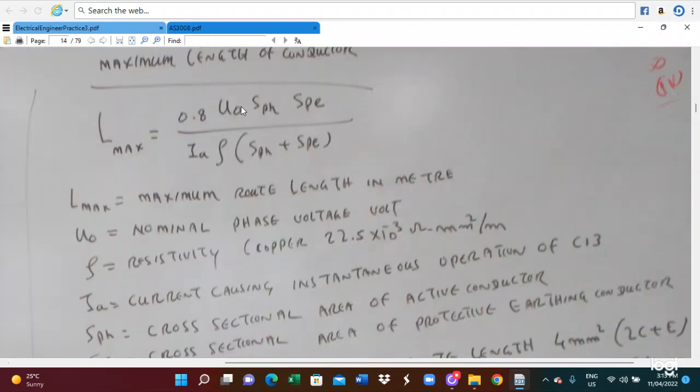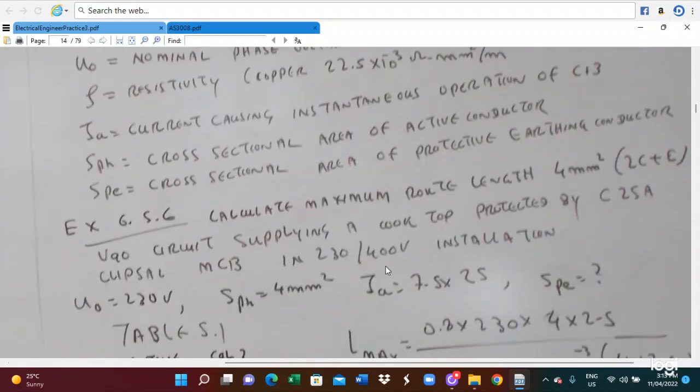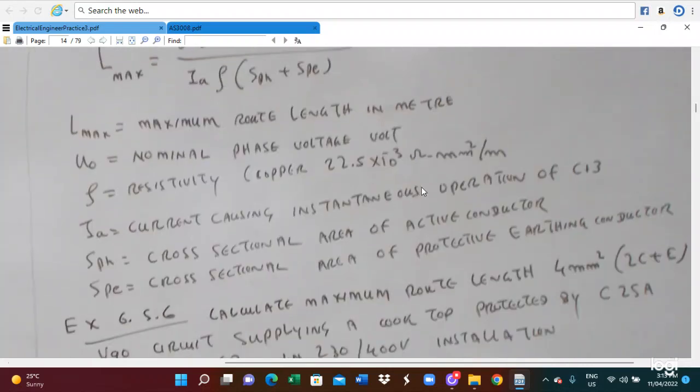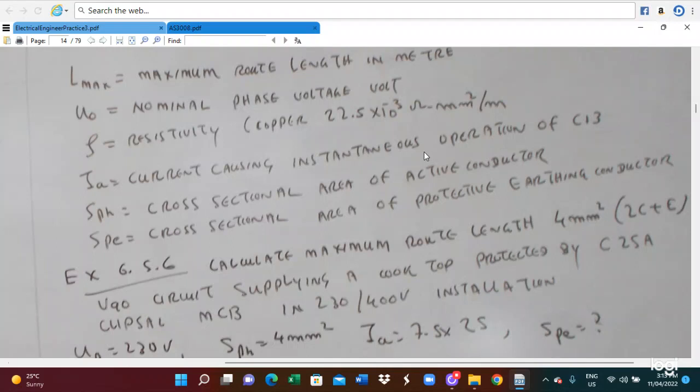U0 we know, SPH we know, but SPE we don't know yet. The IA value we already calculated, 7.5 times 25. And rho for copper is given as 22.5 into 10 power minus 3 ohm millimeter square per meter.